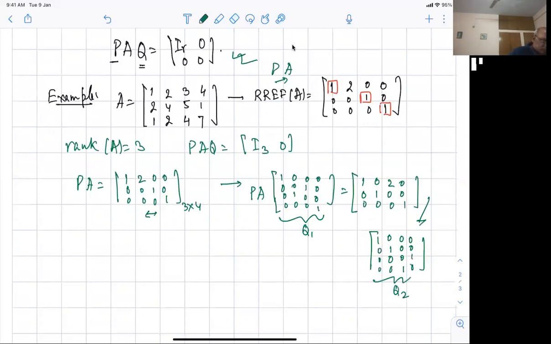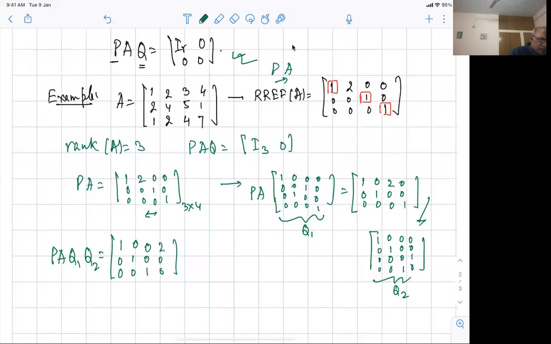If I look at PA, Q1, Q2, just multiply it out. This is PA Q1. Multiply Q2 to it, you will get 1, 0, 0, 0, 1, 0. The next will come as 0, 0, 1. You get 2, 0, 0. So you are able to get at least identity in the first 3 columns.